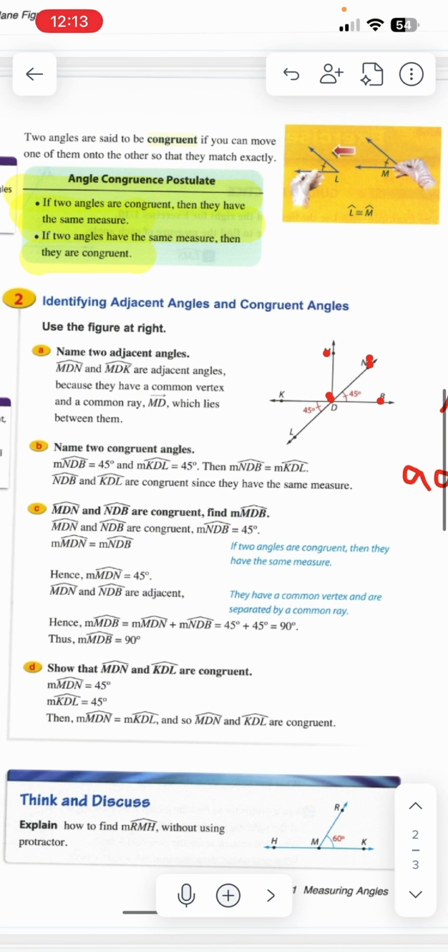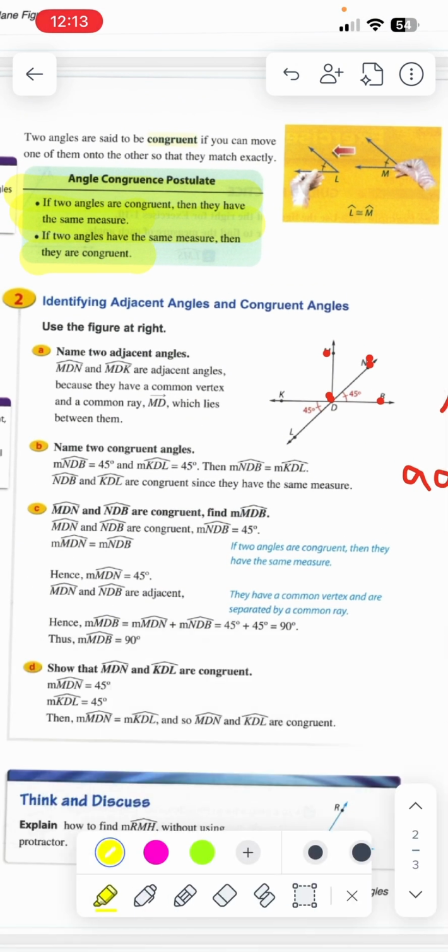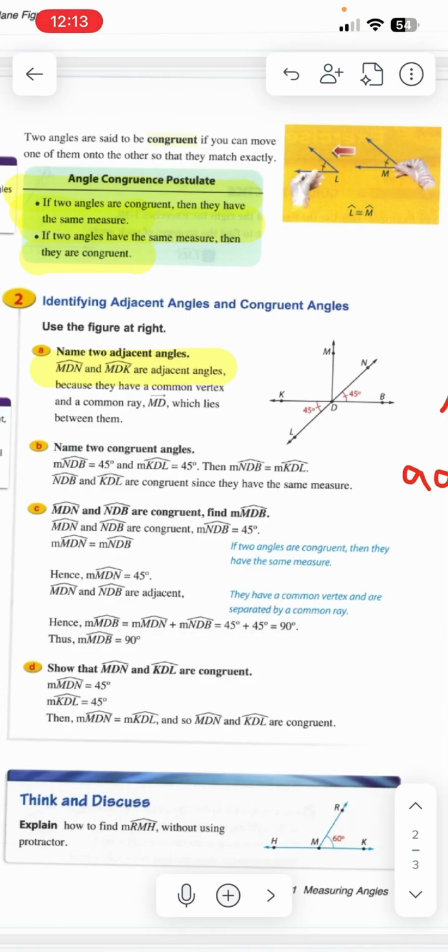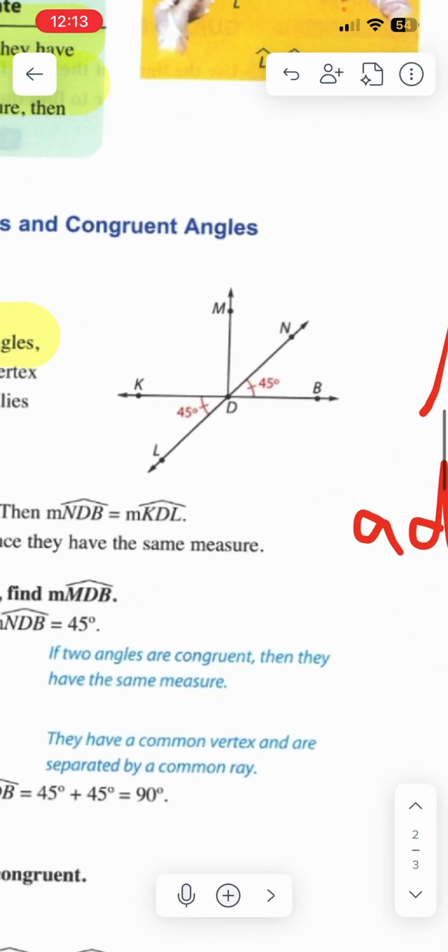So look in the example, MDN and MDK. Do we have any other adjacent angle? Yes, we have. We can also say MDK is adjacent with KDL, or KDL is adjacent with LDB. They are beside each other.